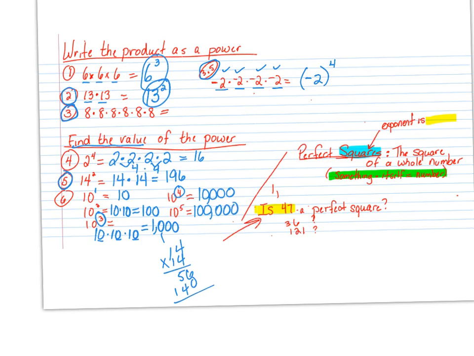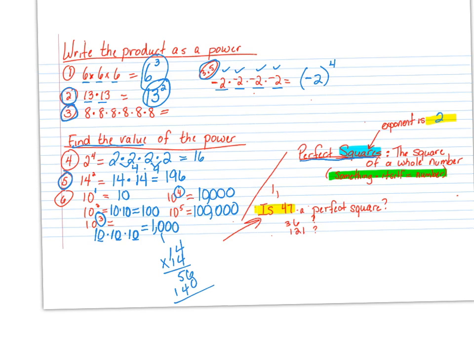Okay? So next thing we need to talk about are perfect squares. Perfect squares, it's the square, which is the 2nd power, right, of a whole number. So the exponent has to be 2.